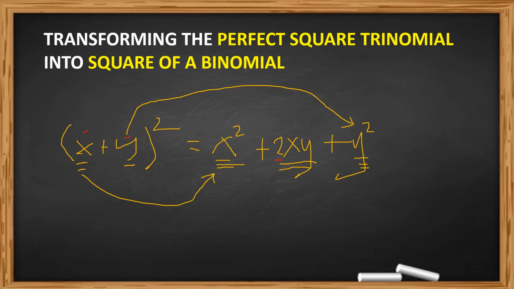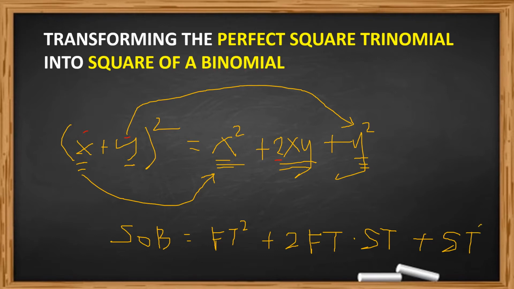So in short, the square of a binomial is the square of the first term, plus twice the product of the first term and the second term, let's represent it with st, plus the square of the second term.